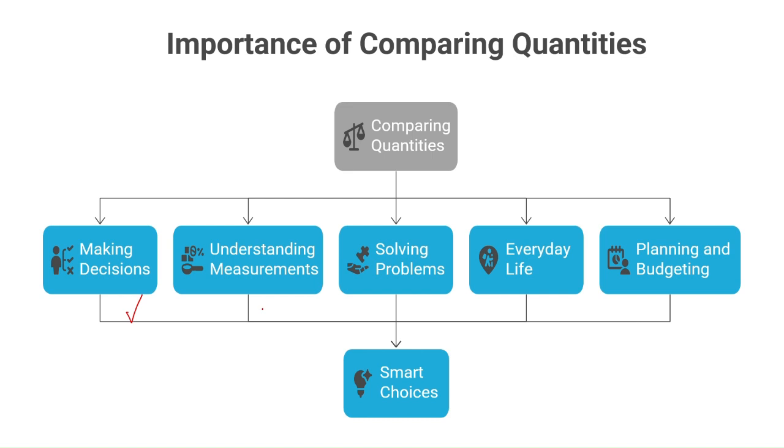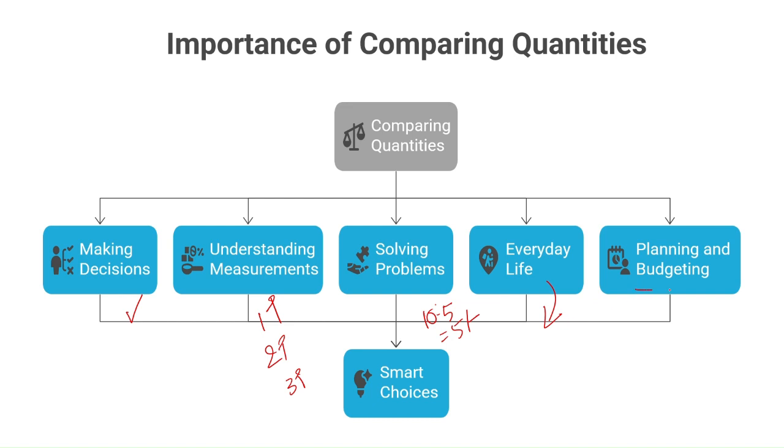Whether I get one pencil or 2 pencils or 3 pencils, I can do all those things if I have the knowledge of comparing quantities. Similarly, problem solving, like I explained previously, differences. Easily you will get the difference between 2 pencils. And then everyday life, which includes going to school, buying pencils, buying chocolates, all those things.